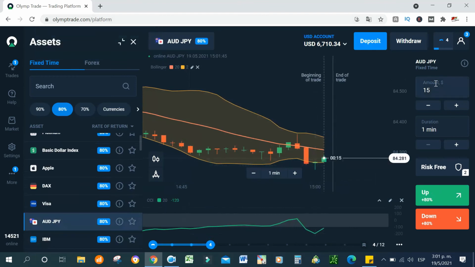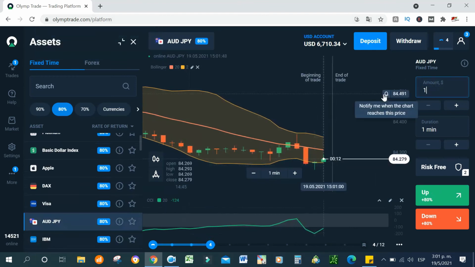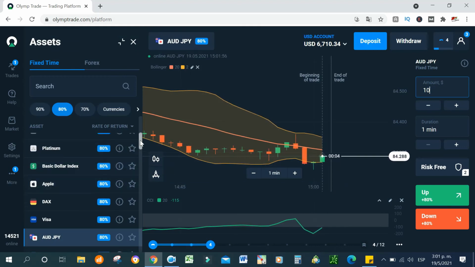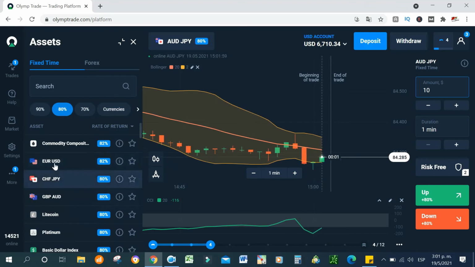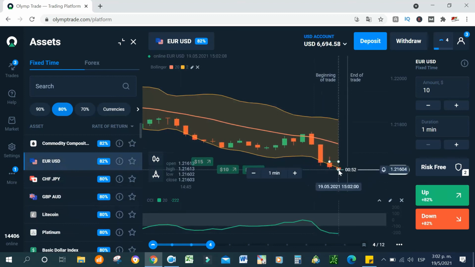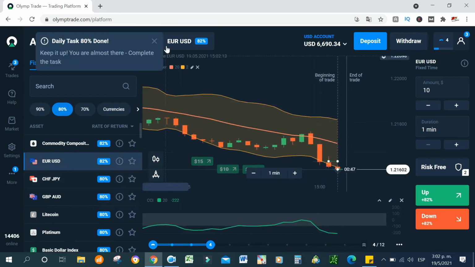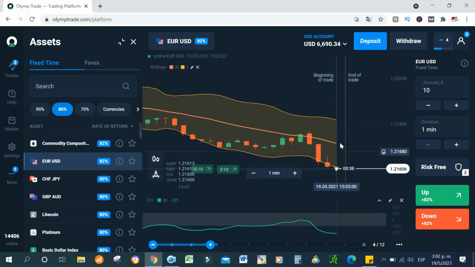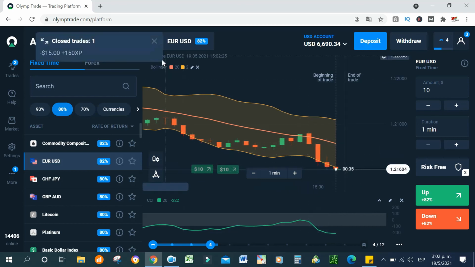Let me check if the price goes a little bit down. I will make another entry. I made two more entries in this pair because I think it's a great opportunity for the price to recover.